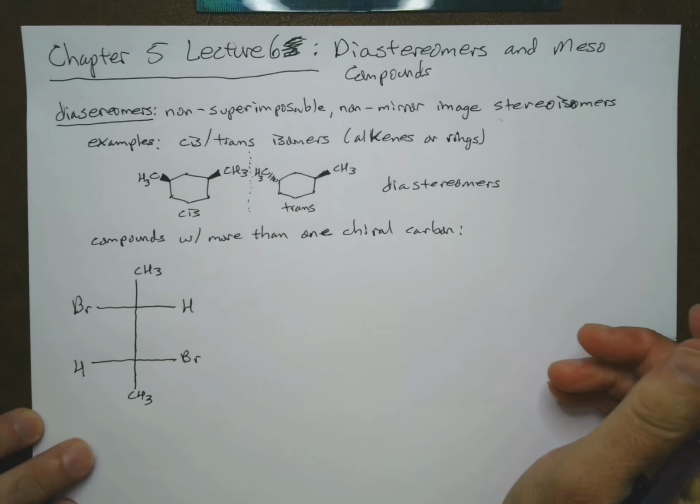Now that is not to say that all diastereomers are meso compounds. They are not. Let's look at a different example. I'm going to take a simple sugar here and draw its reflection here.